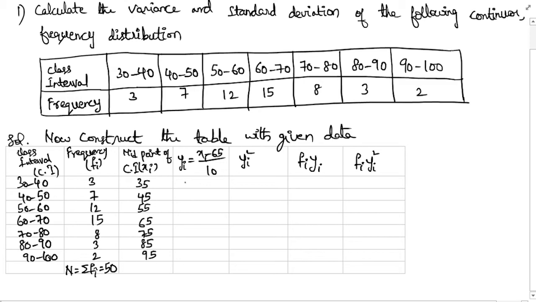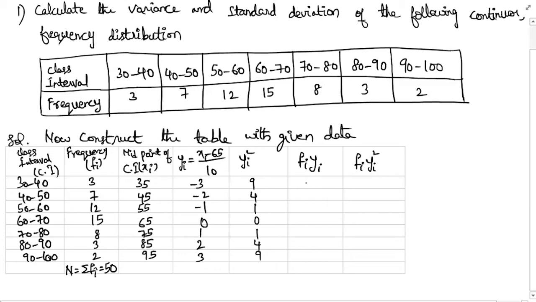So 35 minus 65 by 10 is minus 3, then minus 2, minus 1, then 0, 1, 2 and 3. Now Yi square will be 9, because minus 3 whole square is 9, then 4, 1, 0, again 1, 4 and 9.